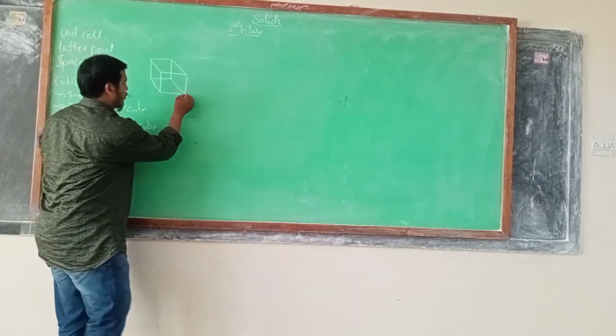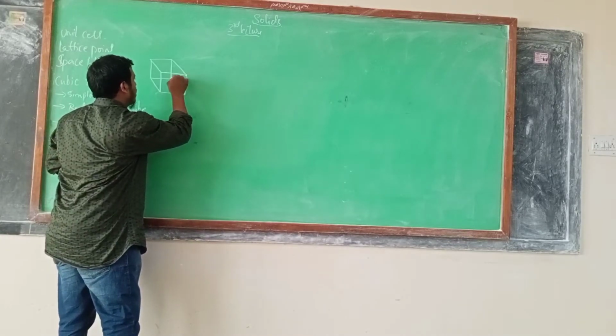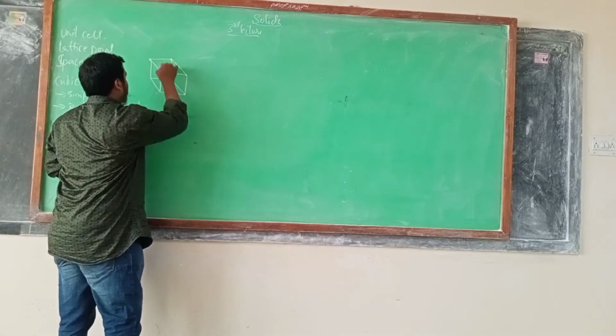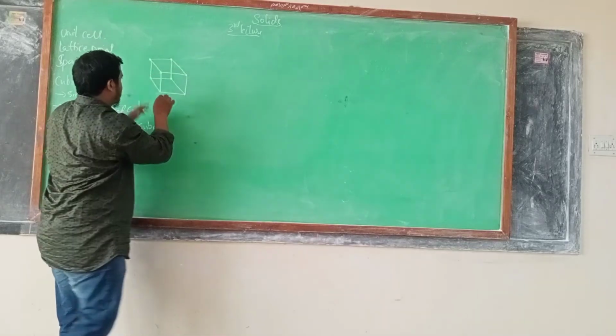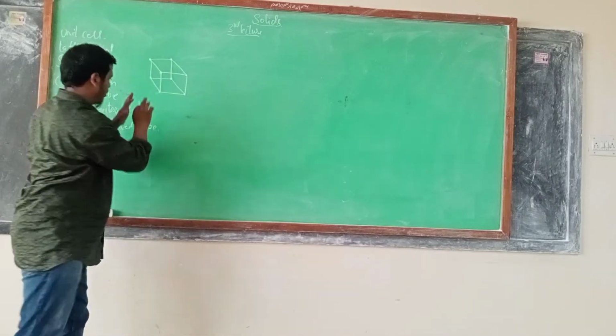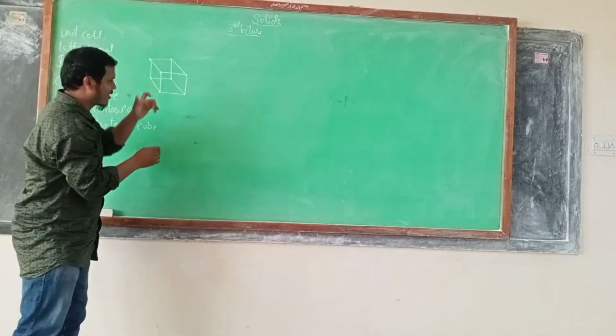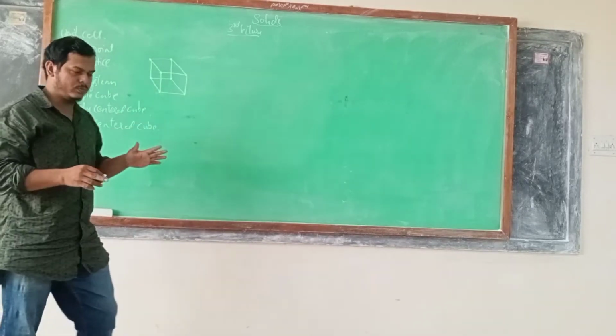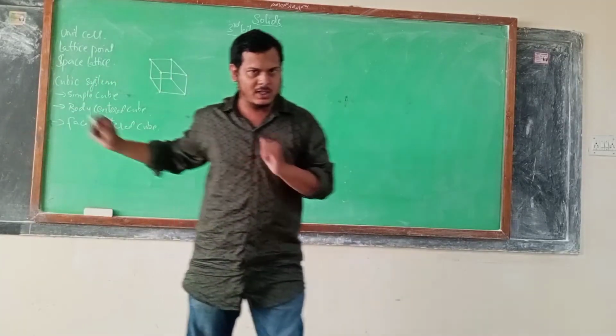We are joining these points, and after joining these points, this simple cube is formed. How many points? There are 8 corners in the simple cube, so there will be 8 particles.